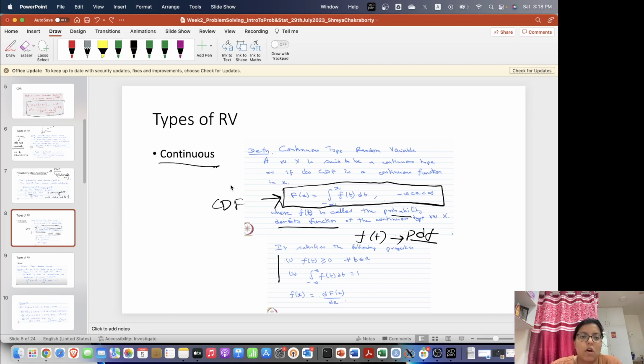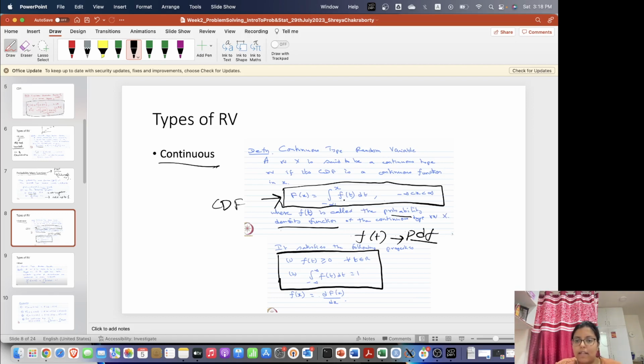There we saw that the probability mass functions should be non-negative and should add up to 1. Here also the density function should be non-negative, and instead of summation, because it is a continuous function, we are going to take the integral from minus infinity to infinity. This should be equal to 1.